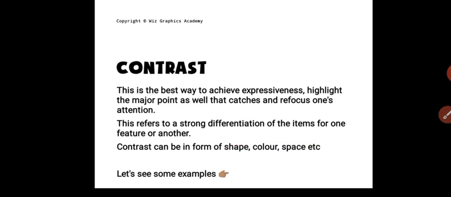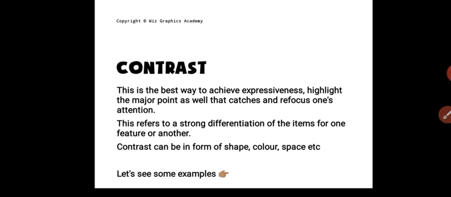Now, contrast. So what is contrast? This is the best way to achieve expressiveness, highlights the main points, as well as catch or refocus your audience attention to a particular thing.